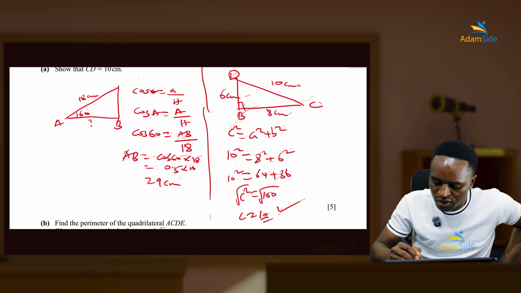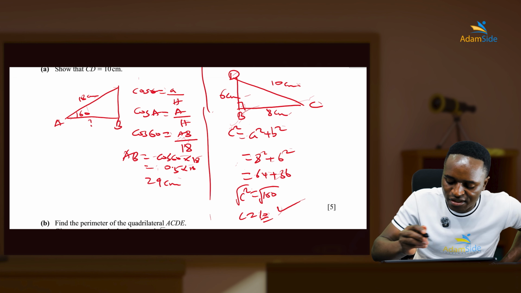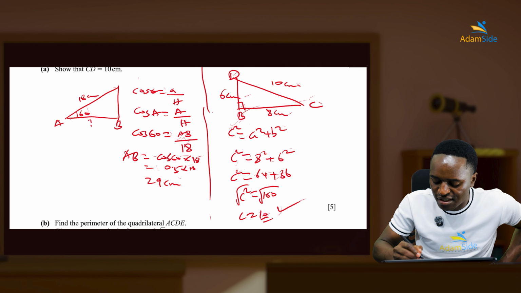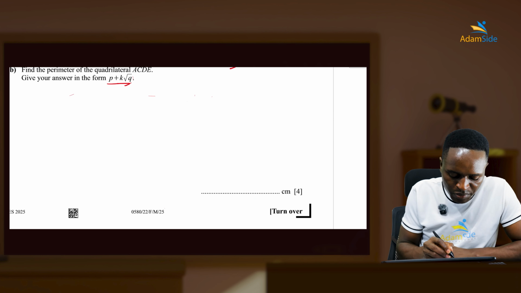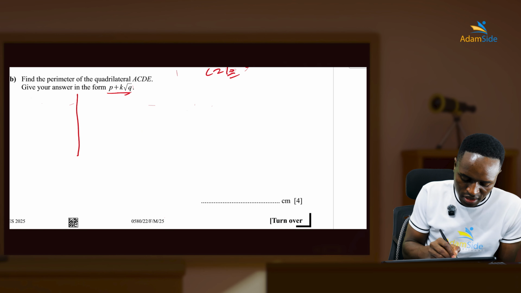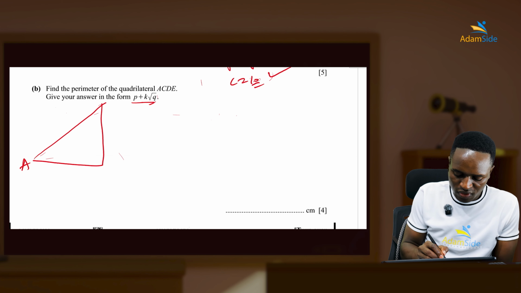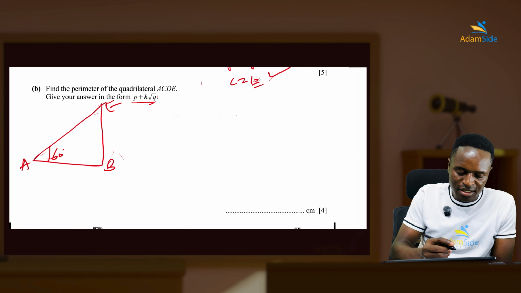In this case, you can as well decide to say, let me assume that I've not been given CD. We assume that we're not given CD to prove it. So in the triangle ABE, this is 60, this we don't know, but this is 18.